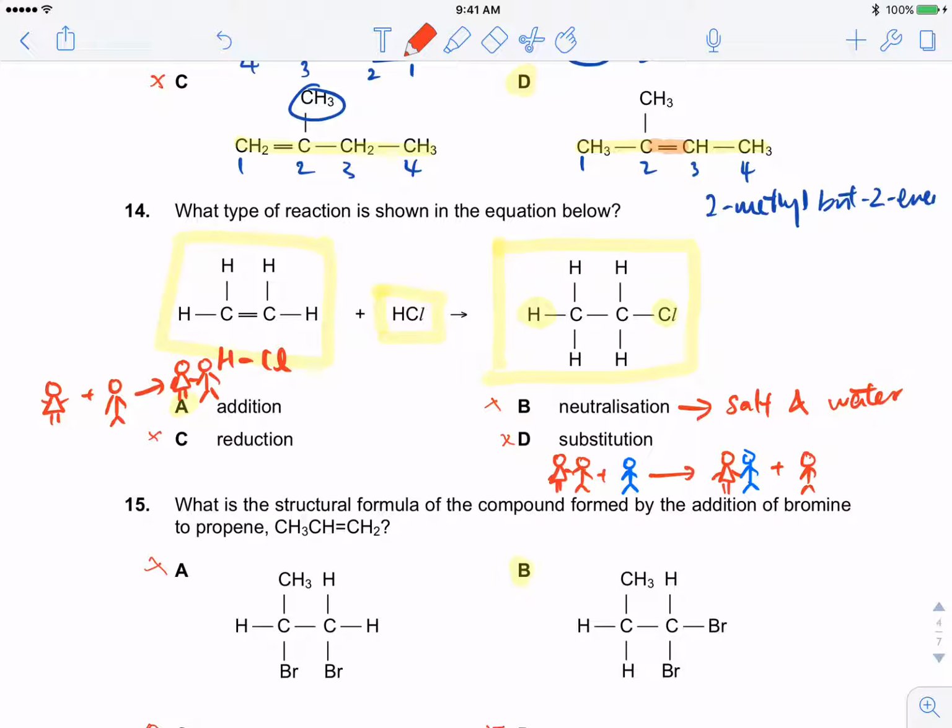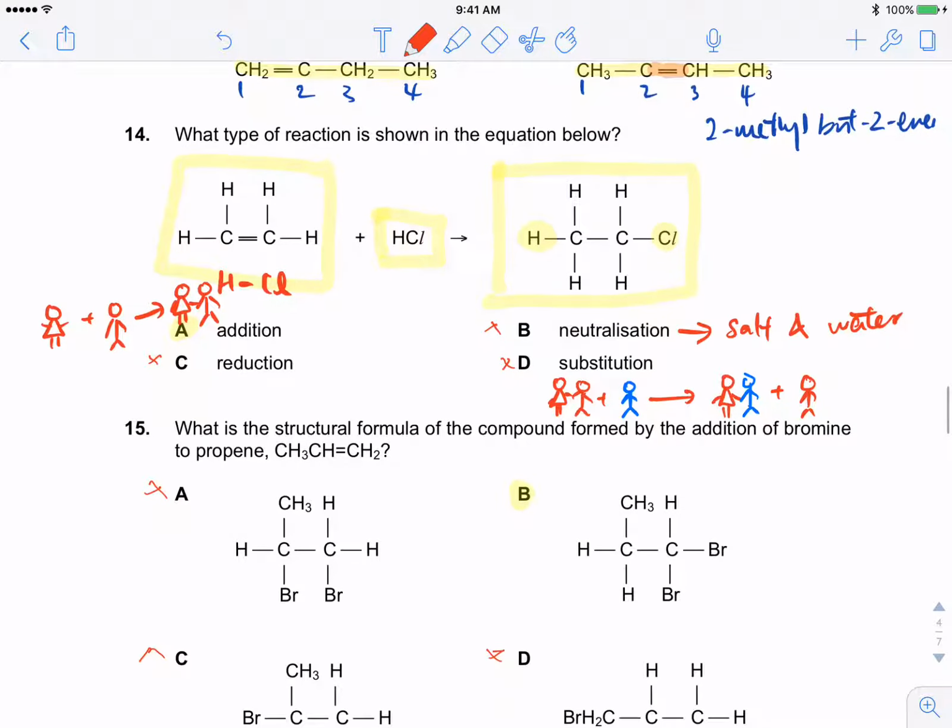So she substituted this for another thing. Okay, that's substitution. In this case, nothing was substituted for another thing. They just simply add together to form one new thing. So that's an addition reaction.